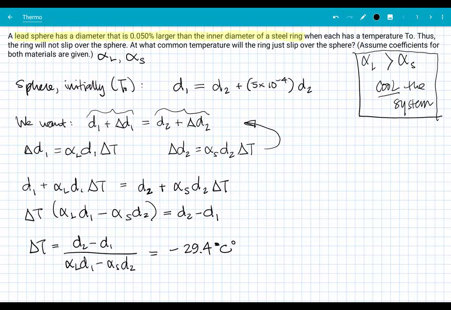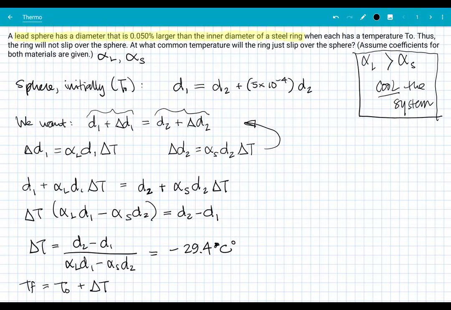And then, oh wait, this is a change in temperature that we solved for here, and this problem asks us for the final temperature. So actually, I'm not done. To find the final temperature, it's going to be just the initial temperature plus delta T. In the numeric version of this problem, the initial temperature is given as 70 degrees Celsius.